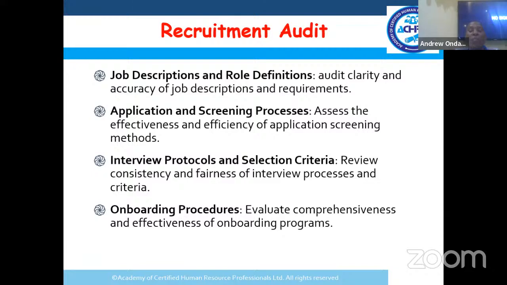Secondly is the screening process, where you sift the applications to identify those who meet the recruitment and selection criteria. Screening can be done manually or digitally. Manual screening can take long and is very tedious. And in your audits, if possible, you can find out why people did not use a digital system if it exists, and they resorted to manual screening.